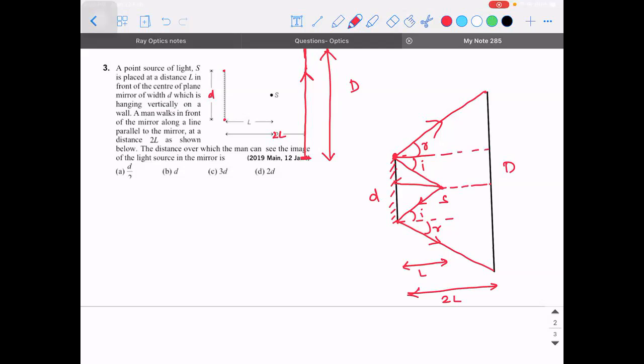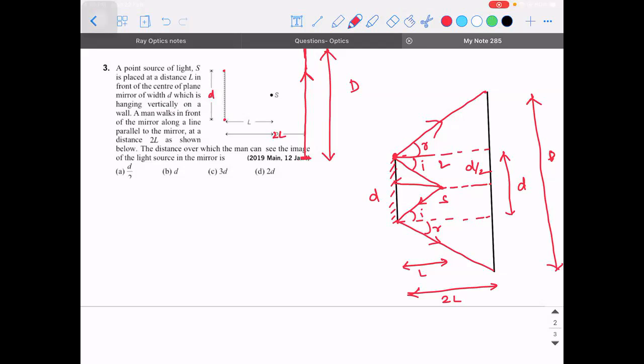Let's see if you're able to form any triangle. So I can say this distance is D because it forms a rectangle. If I take this as capital D, what can we do, guys? Some trigonometry, sir? You can. That's what I'm thinking. So this will be D by 2. I and R are the same, no, sir?